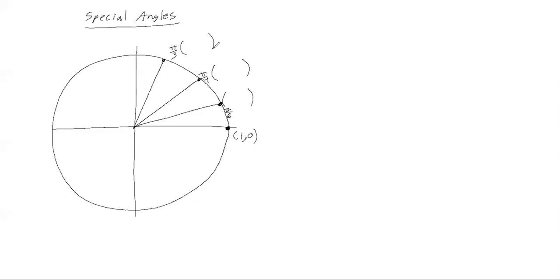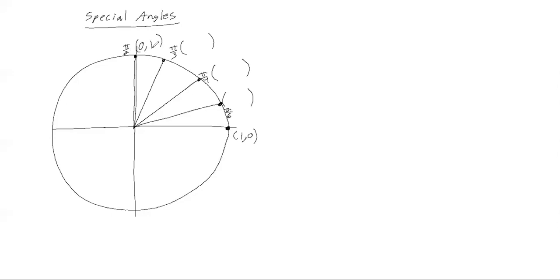And if I think about rotating through an angle of pi over 2 radians, I have an ordered pair that goes with that. Well, I'm sure you can figure out this ordered pair pretty easily. If the radius is 1 unit, what would that ordered pair be? 0, 1, right?